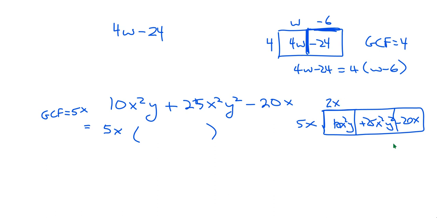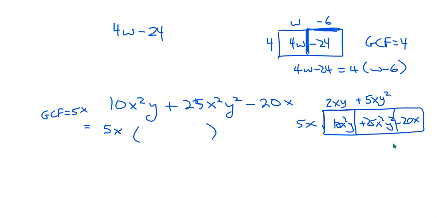And I also need the y because there was no y in the other dimension. Then here I have plus 25x squared y squared. I have to multiply 5x by 5 to get 25. I need another x, and I need a y squared.